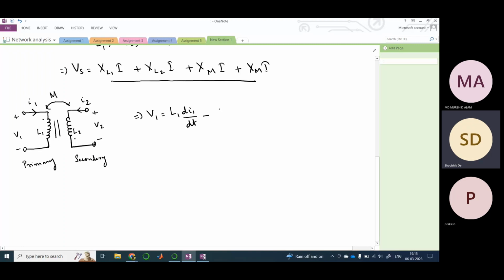Then there would be minus M di2/dt. Why minus? Because here the current is entering through the inductor where the dot is on the upper side, right? On the other hand, for inductor 2, the I2 is entering the inductor L2, but the dot is present on the lower side. That is why this minus is there, nothing else.